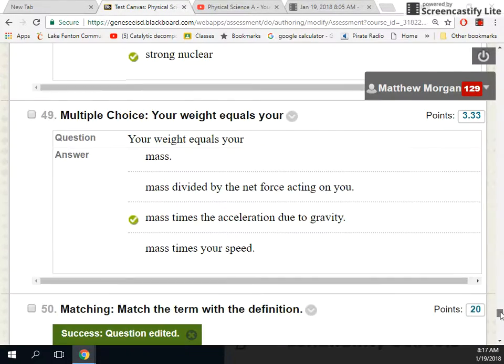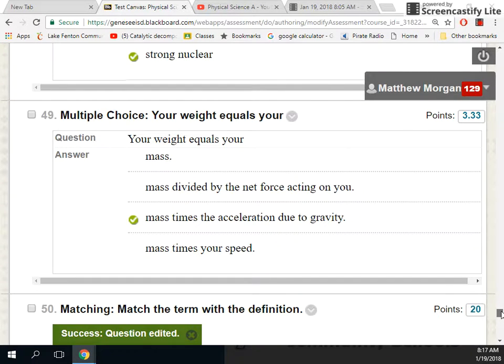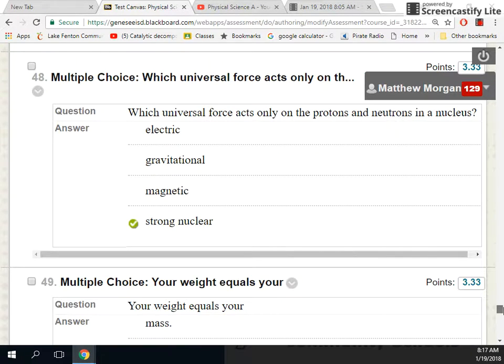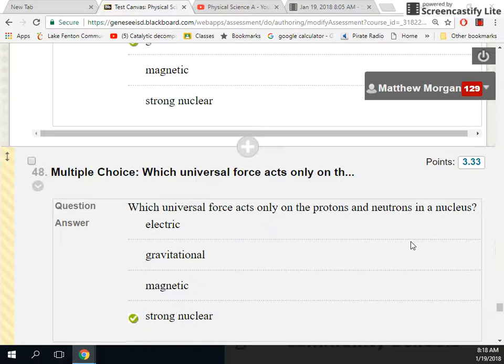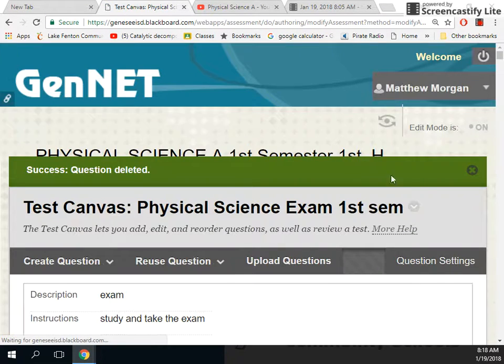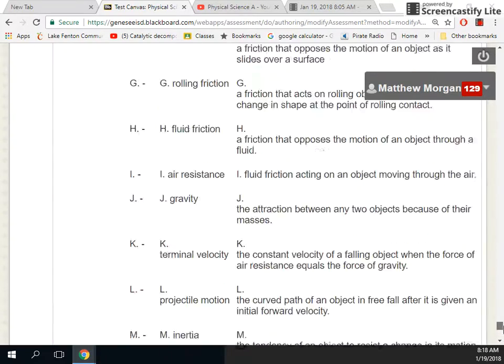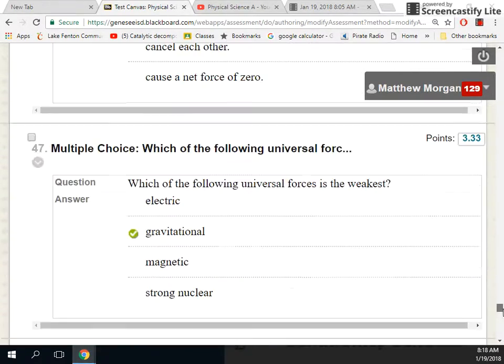I think chapter 12 is where we spent the most time. You know what? I'm going to get rid of this question for you, because on those strong and weak nuclear forces, we didn't spend a lot of time.